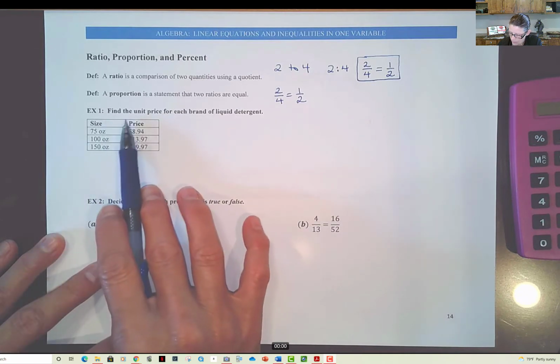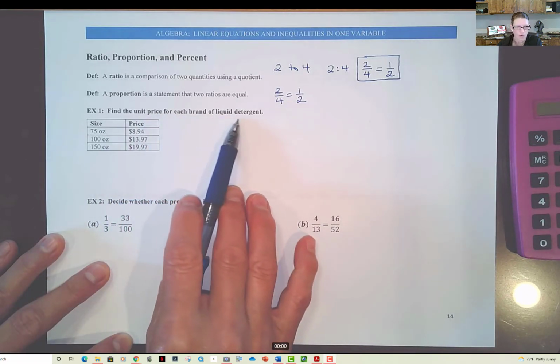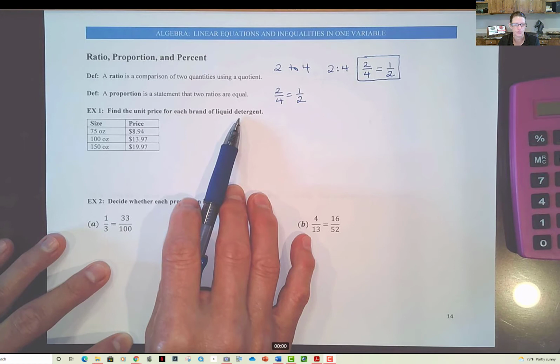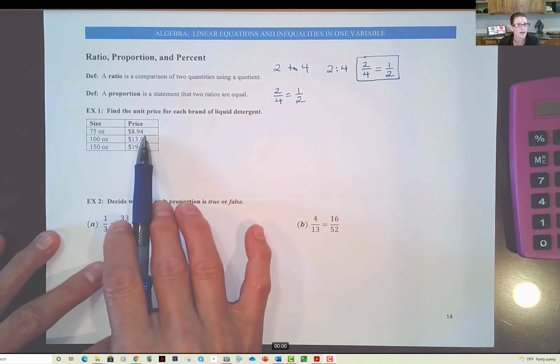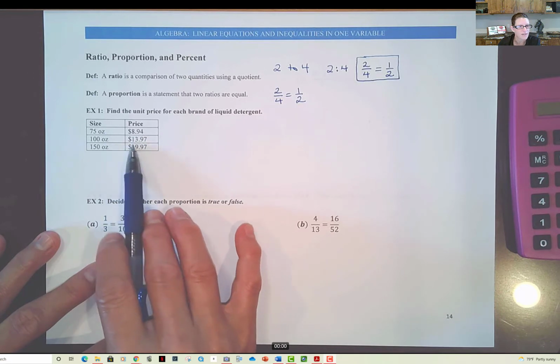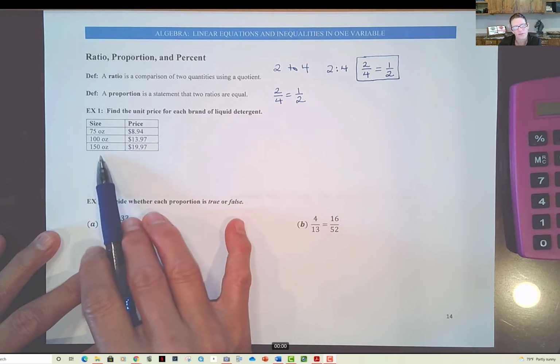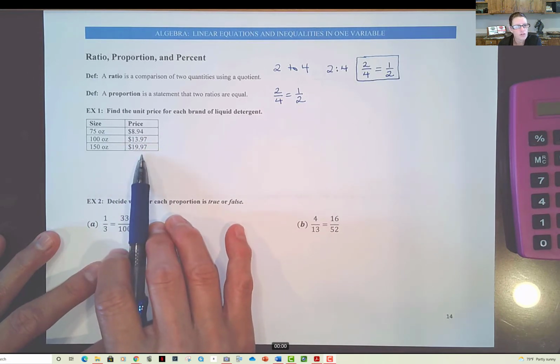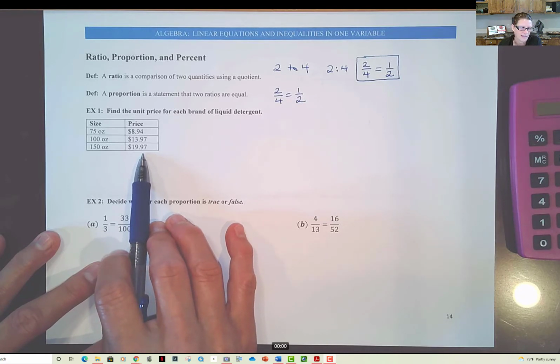Now in example 1, we're going to find the unit price for each brand of liquid detergent. So we've got three different purchasing options: 75 ounces at $8.94, 100 ounces at $13.97, and 150 ounces for a purchase price of $19.97.